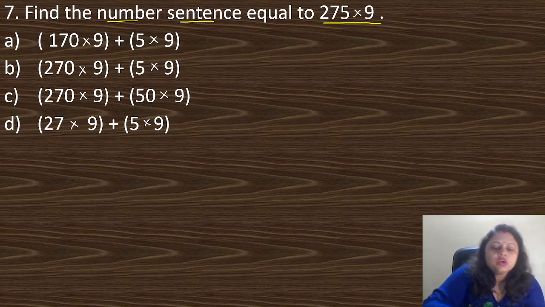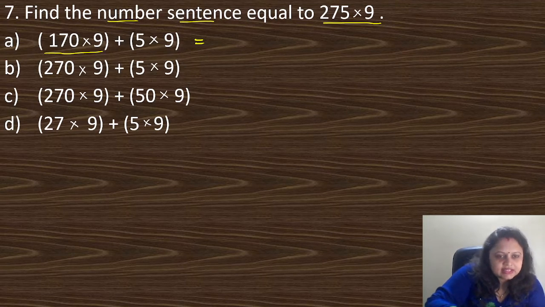Let me tell you. In option A, it is given 170 into 9 plus 5 into 9. So how can you write them? See here, in the first part, into 9 is present, in this part also into 9 is present. So we can take into 9 as a common thing. Okay, and if we separate into 9, then what is remaining here? 170.